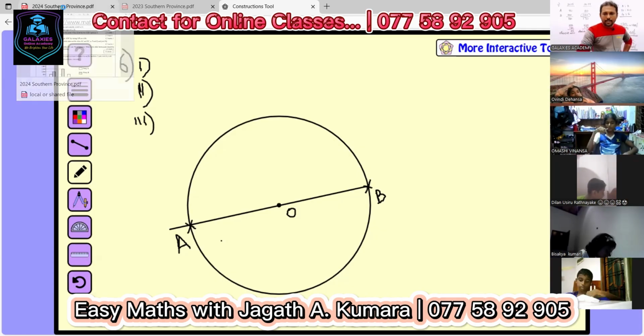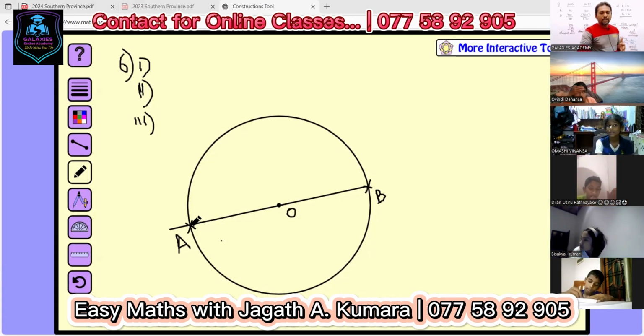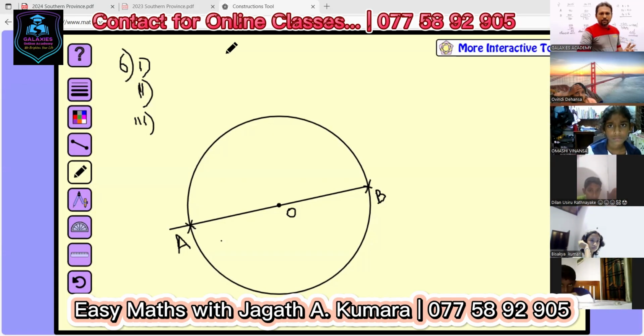Then Roman number 4. Write a name for AB. Which name you can give for AB? What is AB of the circle? AB mean the joining straight line, 2 points on the circle such that passes through center. Center එක හරහා යන විදියට මේ අදපු line එක. ඒතකොට මේකට අපි කියන name එක තමයි මොකක්ද?